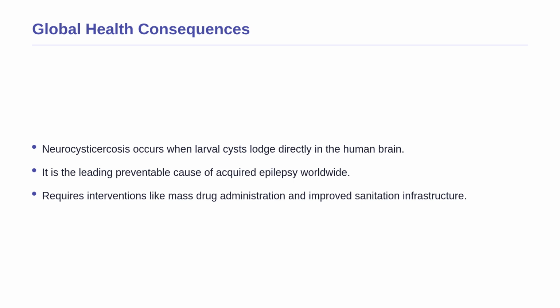Tragically, this condition is the leading preventable cause of acquired epilepsy worldwide. It devastates entire communities and places a massive, ongoing burden on fragile healthcare systems. To break this cycle of poverty and chronic illness, epidemiologists must find ways to measure and control the spread.